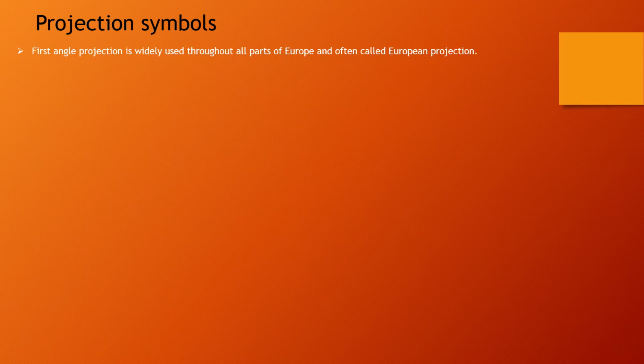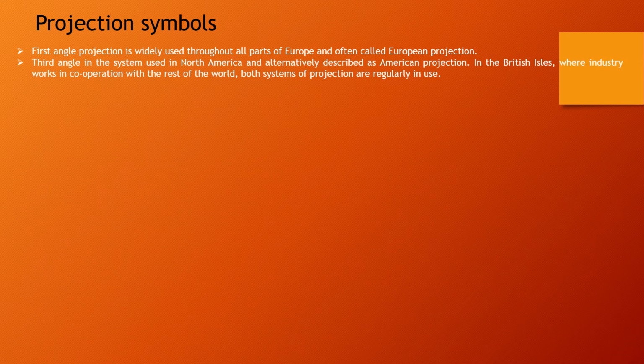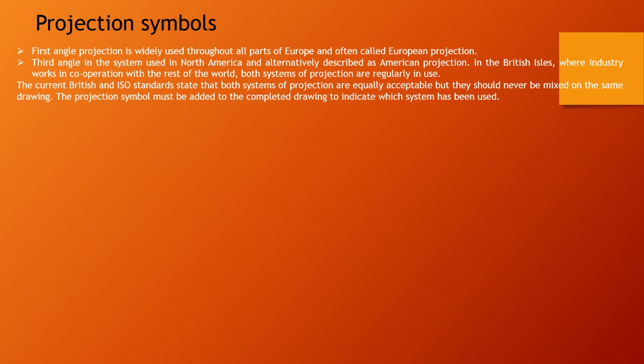Okay, here we will discuss the projection symbol. First angle projection is widely used throughout all parts of Europe and is often called European projection. Third angle projection is used in North America and is alternatively described as American projection. In the British Isles, where industry works in cooperation with the rest of the world, both systems of projection are regularly in use.